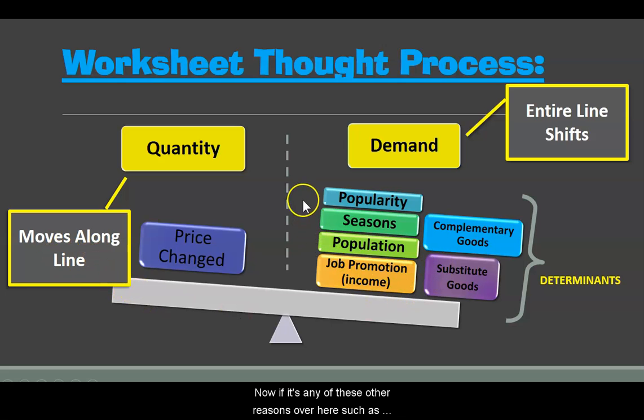Now, if it's any of these other reasons over here, such as popularity, seasons, population, or income, including complementary goods and substitute goods, then that's going to be a demand shift, and that shifts the entire line to the left or right. And remember, all these little colored things here are going to be your determinants. And that is how you determine if the shift or the change in a demand curve is caused by a change in demand versus quantity demanded.